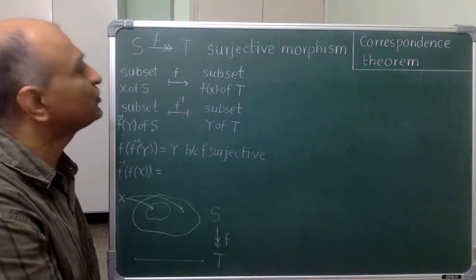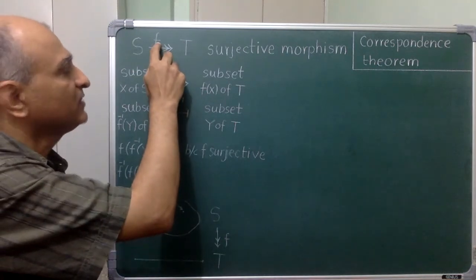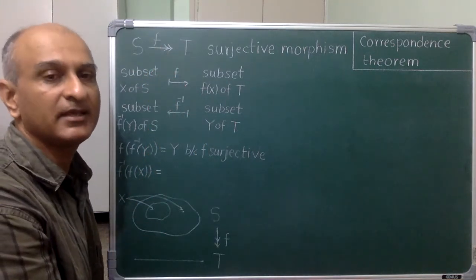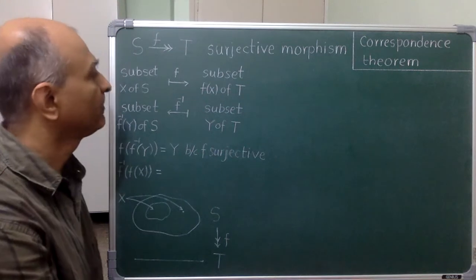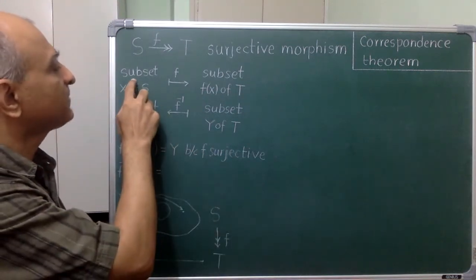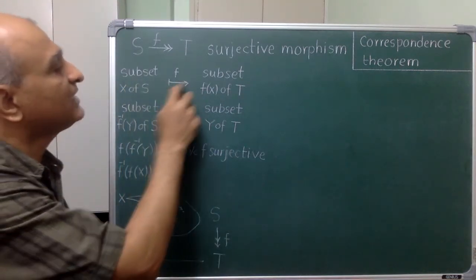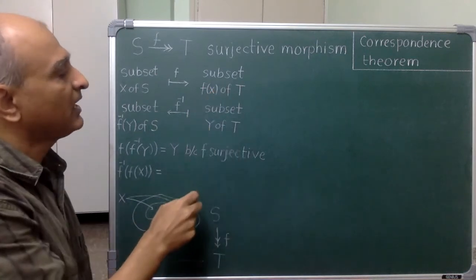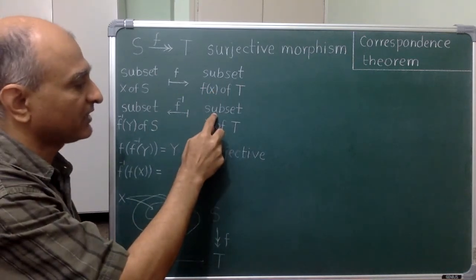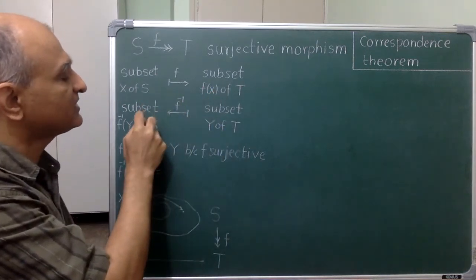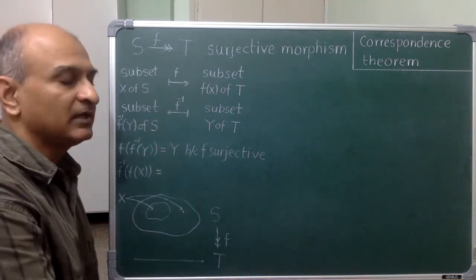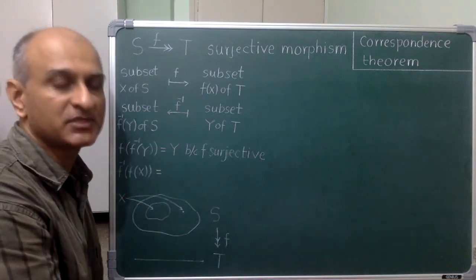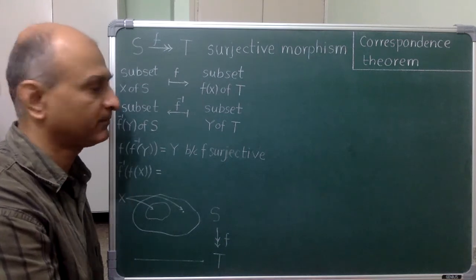It makes sense to require F to be surjective because F does not see anything outside its image. If I start with a subset of the source, then F of that is a subset of the target. And if I take a subset of the target, then F inverse of that is a subset of the source. Let us see to what extent these procedures are inverses of each other.